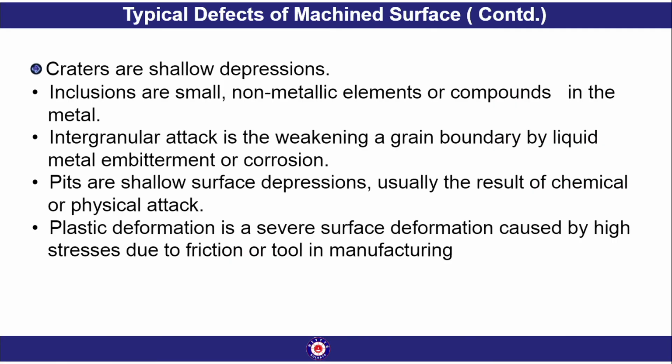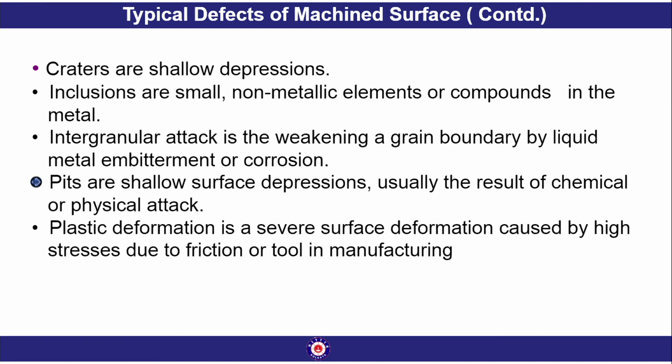Then craters are shallow depressions, and inclusions are small non-metallic elements or compounds in the metal. Intergranular attack is the weakening of a grain boundary by liquid metal embrittlement or corrosion.